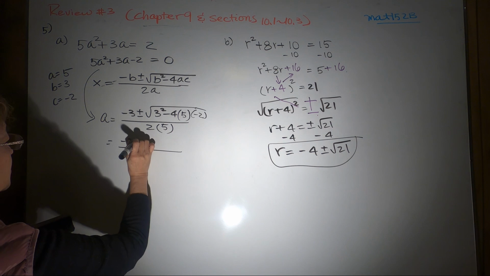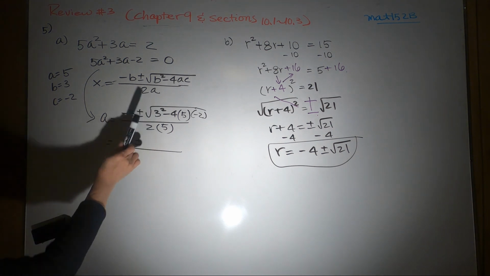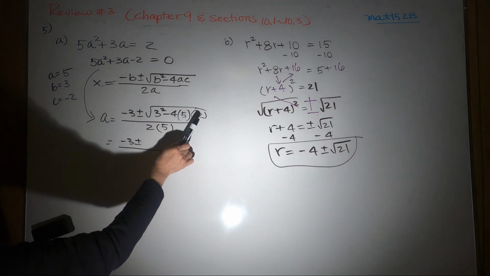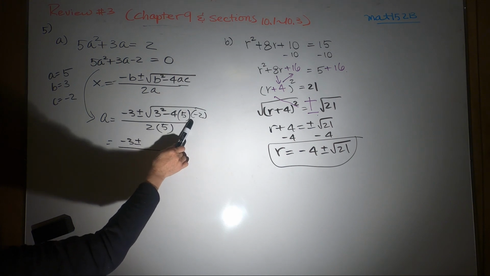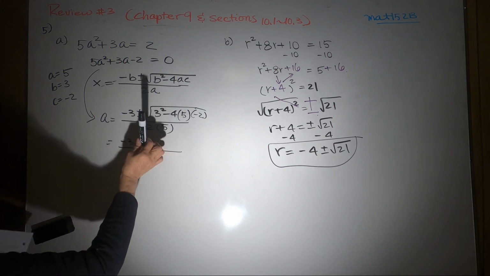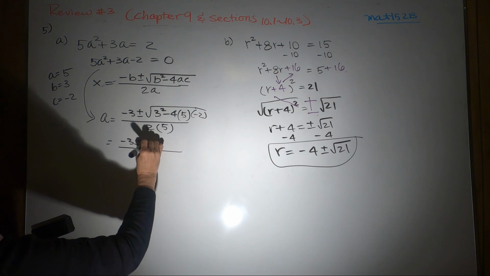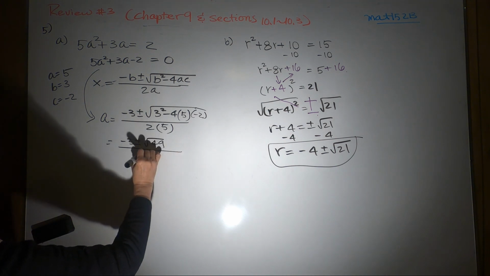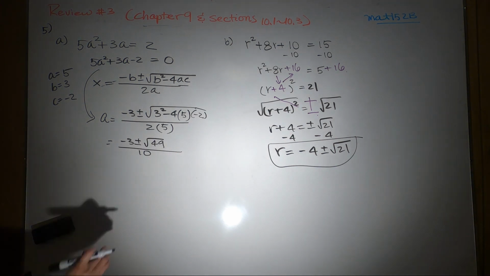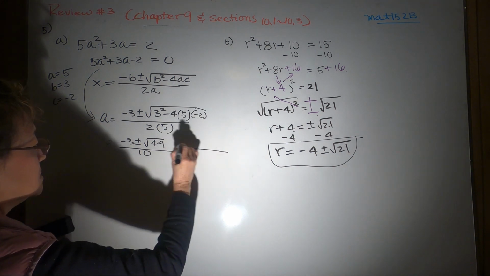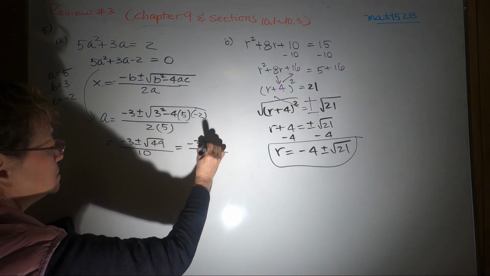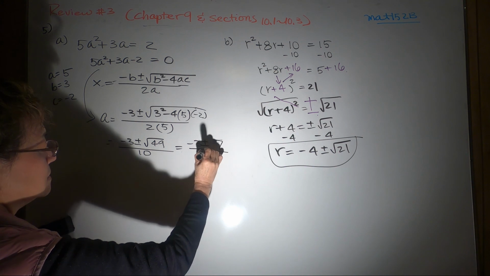That would be -3 plus minus the square root of 3 squared is 9, plus 40, right? So it would be 49, okay, over 10. Then what's your answer? That would be the square root of 49. You know it's good, so it's 7, right?